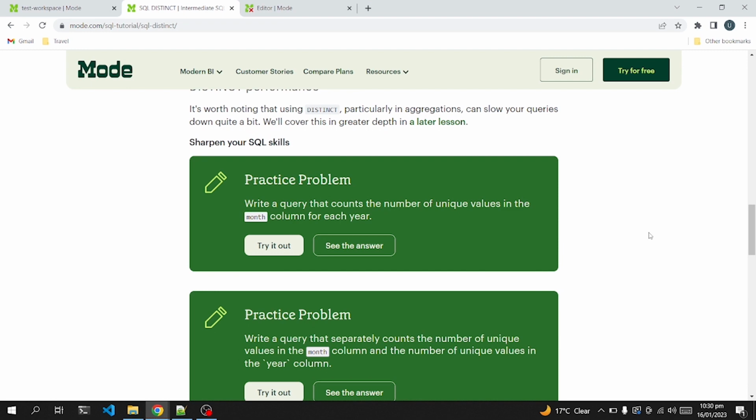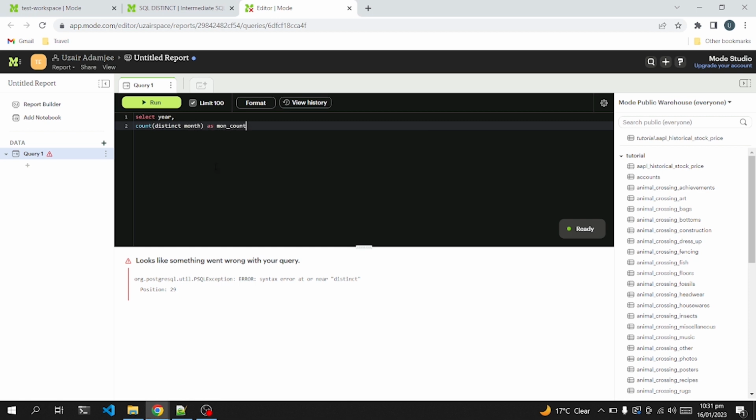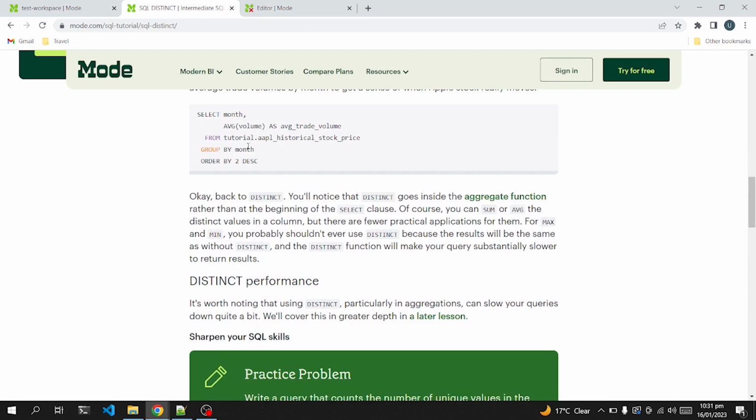So let's try another problem, the second last problem for this lecture. Write a query that counts the number of unique values in the month column, count distinct month, and then we have to group by for each year. Okay, select year, then count distinct month as month count, from the table, group by the first one.